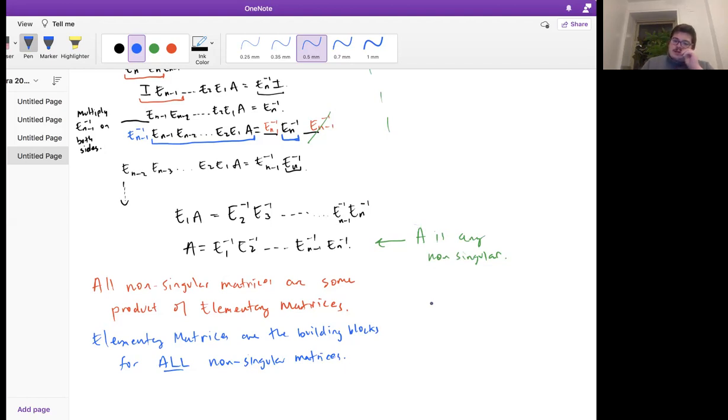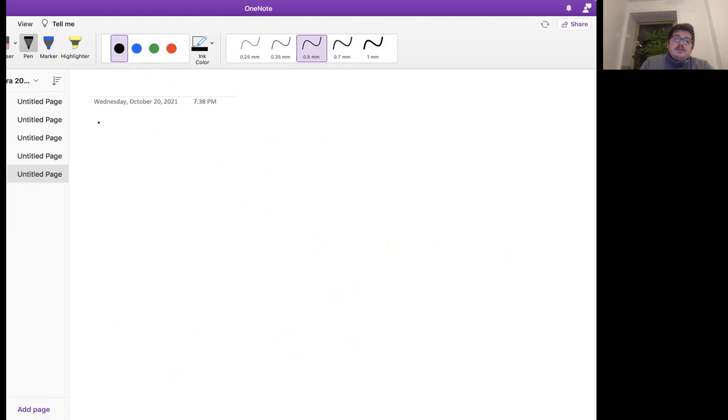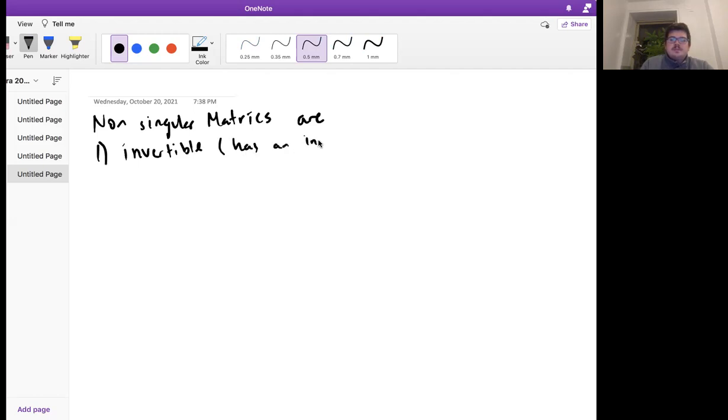Okay, so let's continue. We have two things now about non-singular matrices. Well, a couple, maybe more than two. The first thing we have is that by definition they're invertible, has an inverse. The second thing we can say is that they're row equivalent to identity.